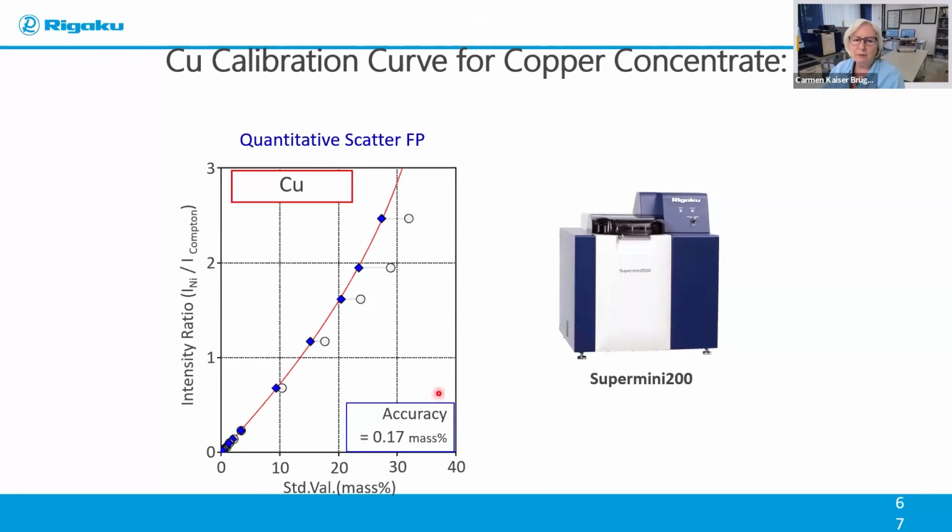Of course, accuracy will be different to what it is on the bigger instrument due to the different hardware configuration with different power settings and of course different crystals in comparison to the bigger one. Yeah, but of course also very nice accuracy even with a Quant Scatter FP. So this means all our instruments can have this type of matrix correction.